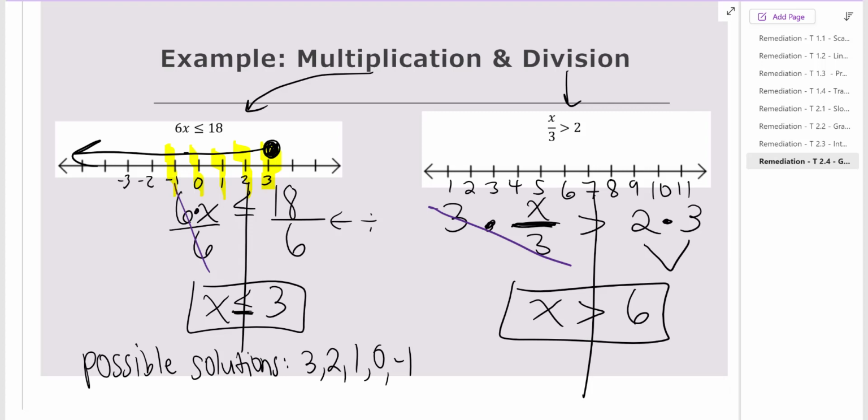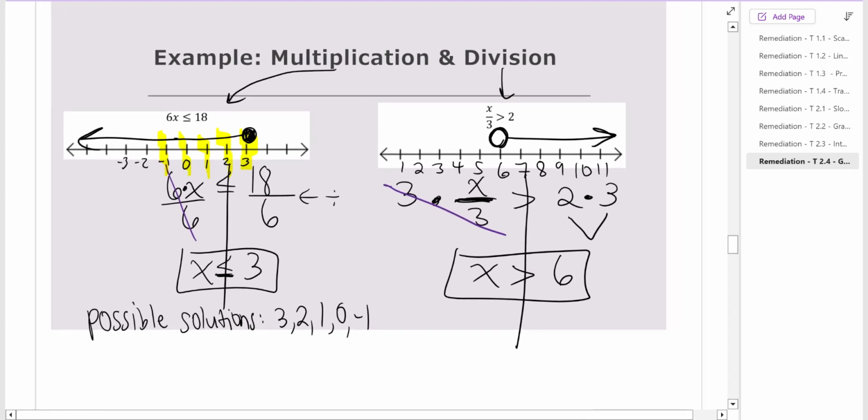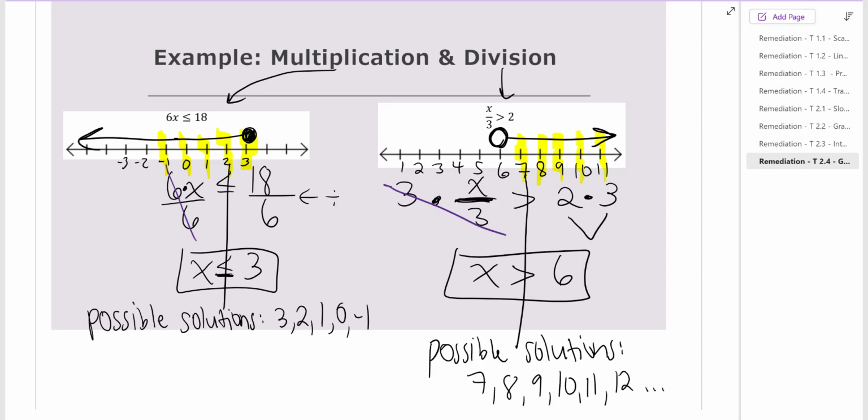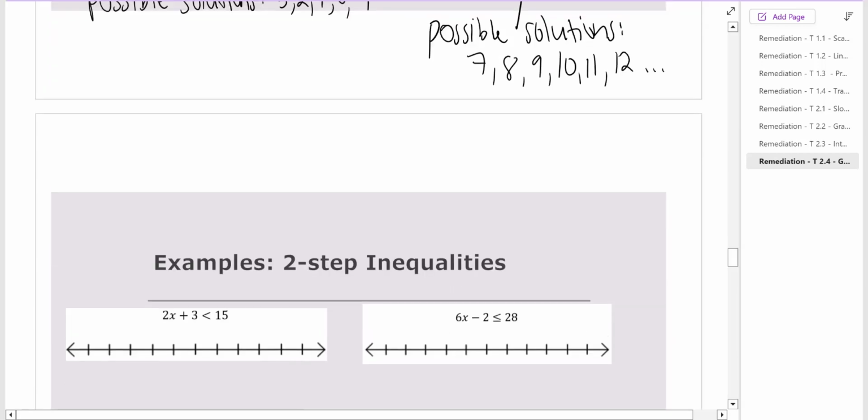Okay, I'm going to write 6 in the middle. It's open and to the right. The possible solutions include 7, 8, 9, 10, 11. Those are the possible solutions.